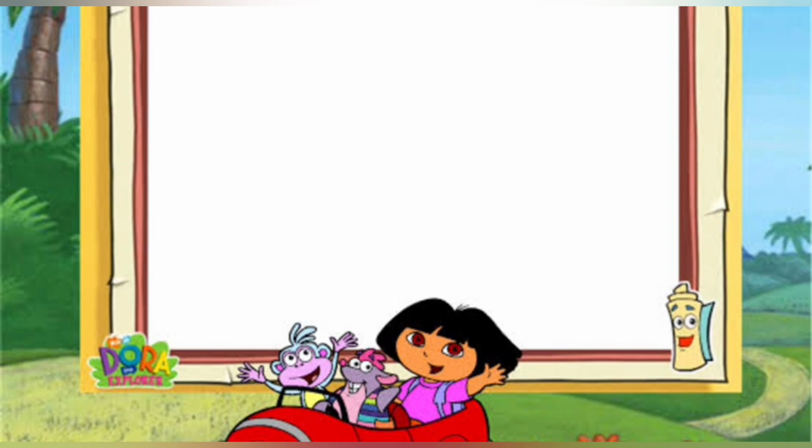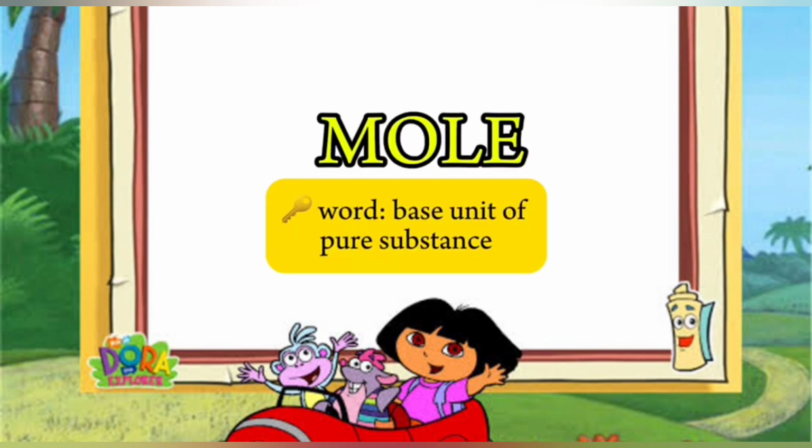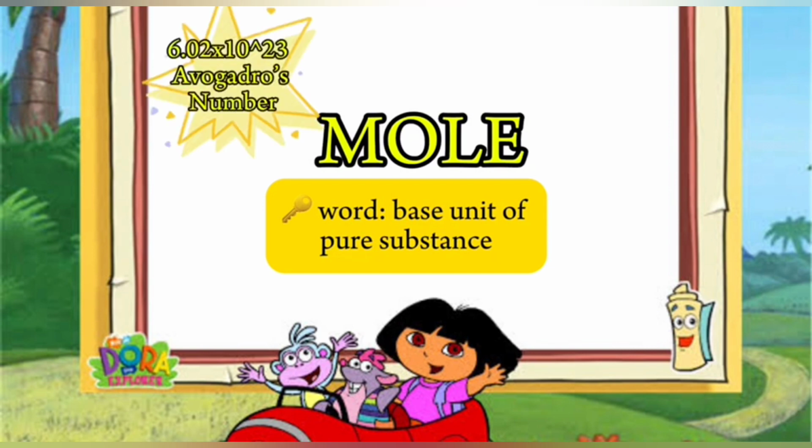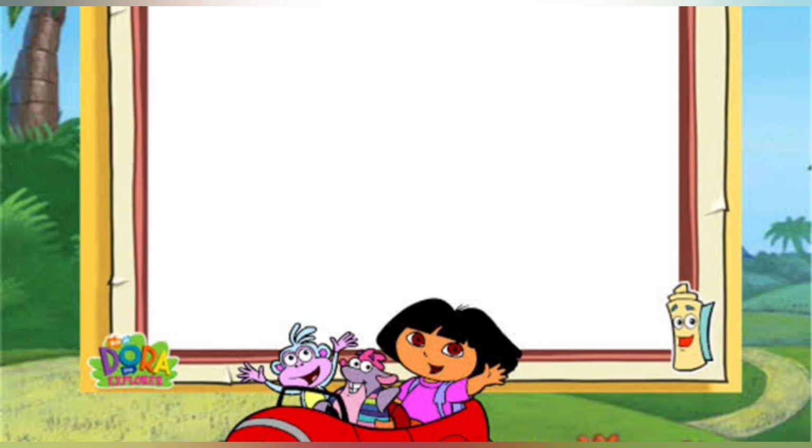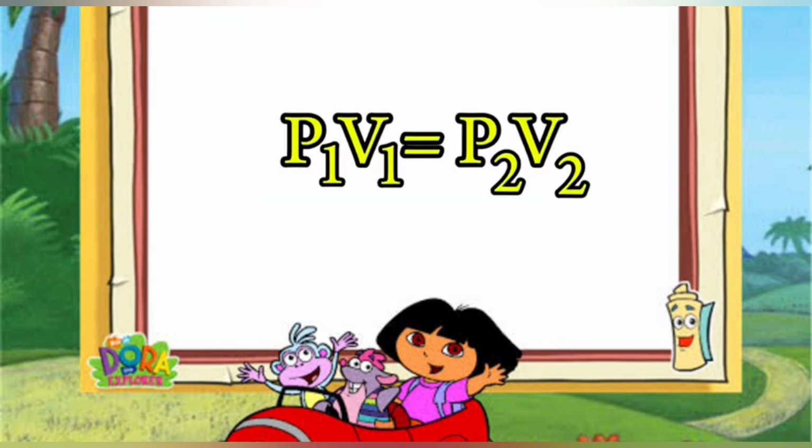Fourth is the mole, which is the base unit of a pure substance and can be defined as 6.02 times 10 raised to 23, or Avogadro's number. Boyle's law has a formula of P1V1 equals P2V2, wherein P1 is the initial pressure, V1 is the initial volume, P2 is the final pressure, and V2 is the final volume.